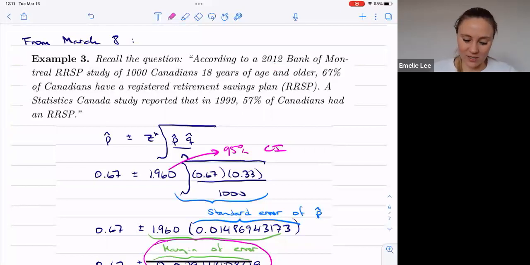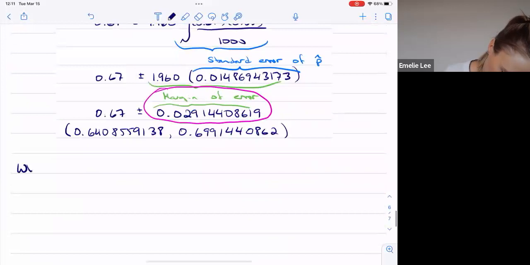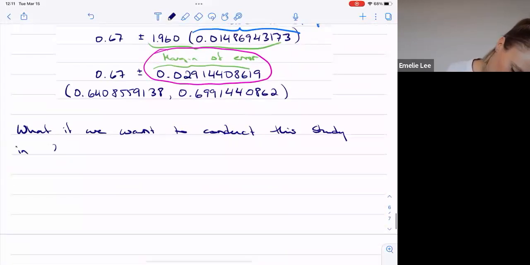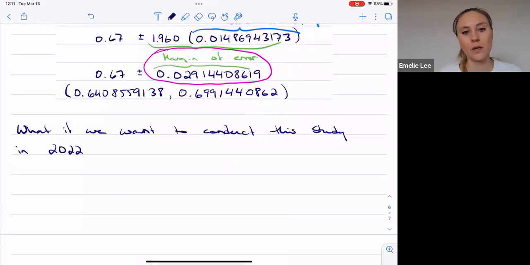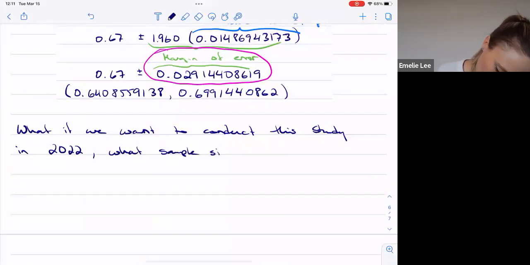So what if we want to conduct this study again, in 2022? I almost put 2012 again. What sample size would we need?